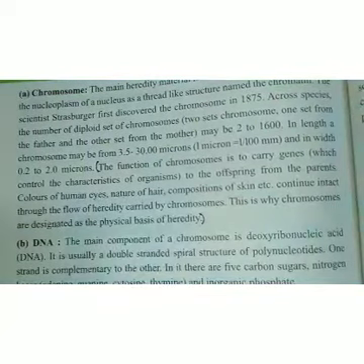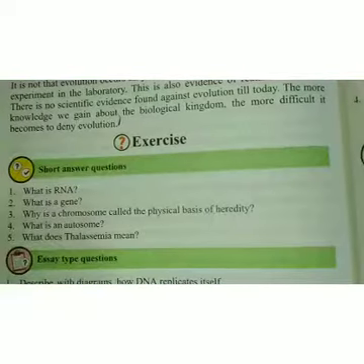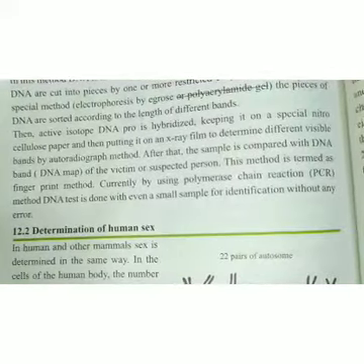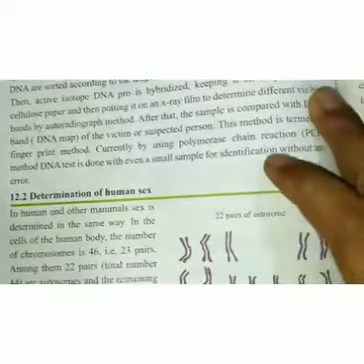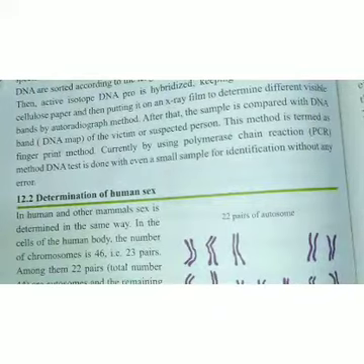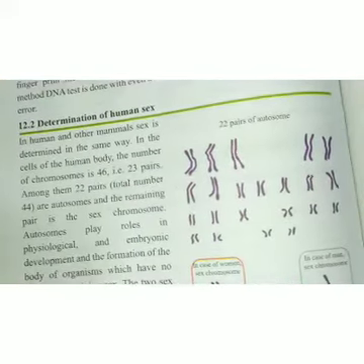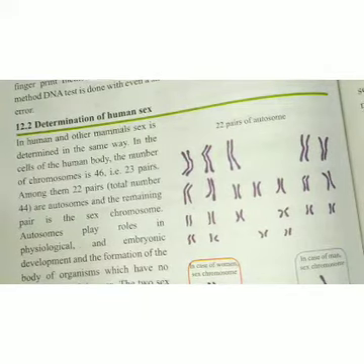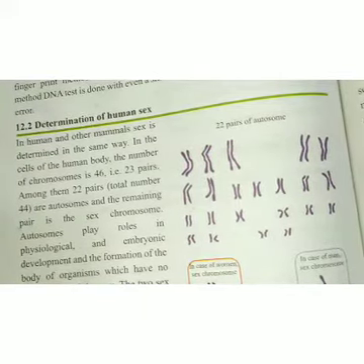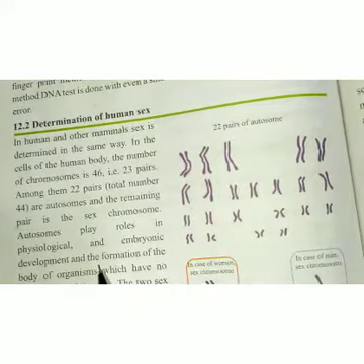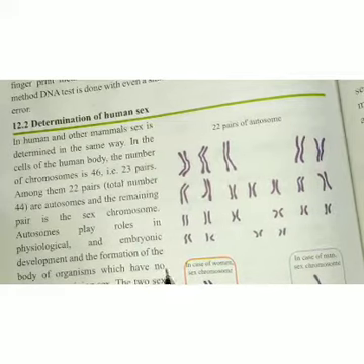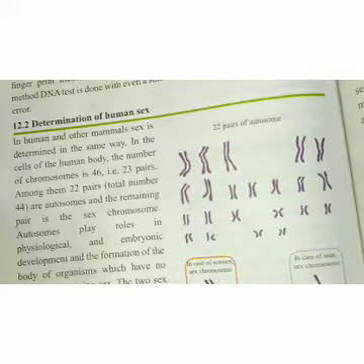Our next question, what is an autosome? We can answer this question from our text. Autosome is a type of chromosome that plays roles in physiological and embryonic development and the formation of the body of an organism, which has no part in determining sex.